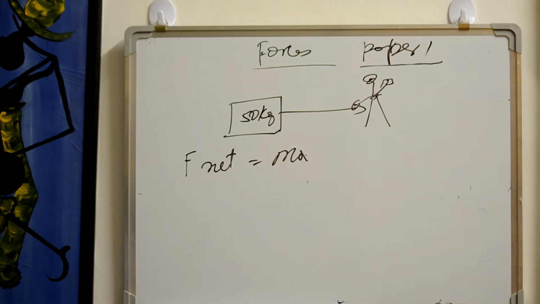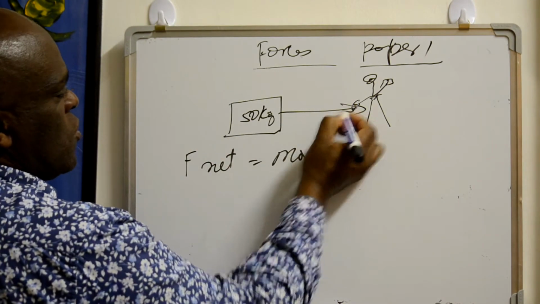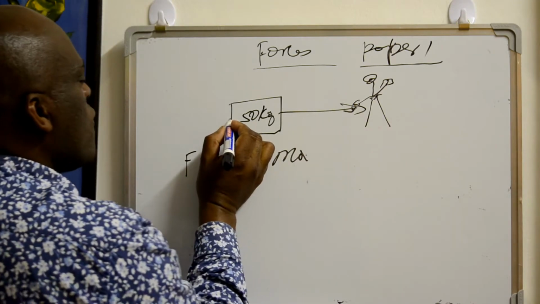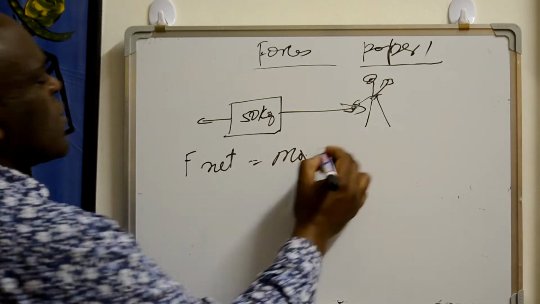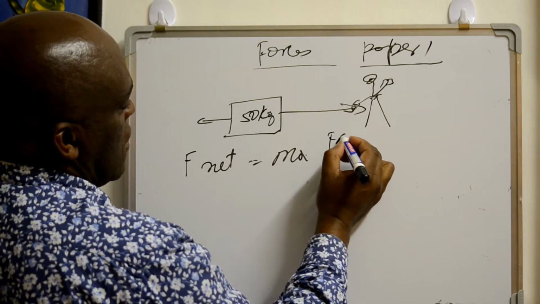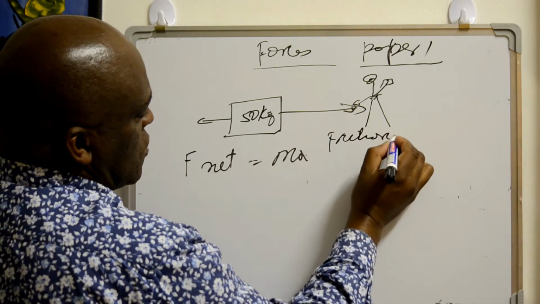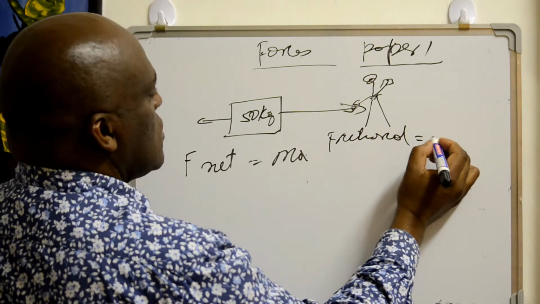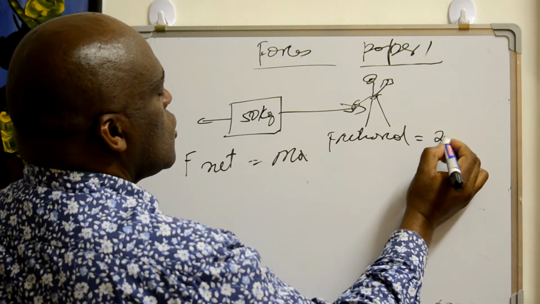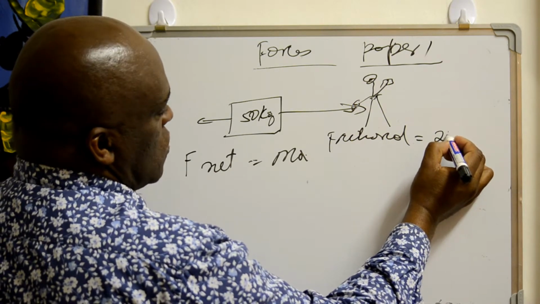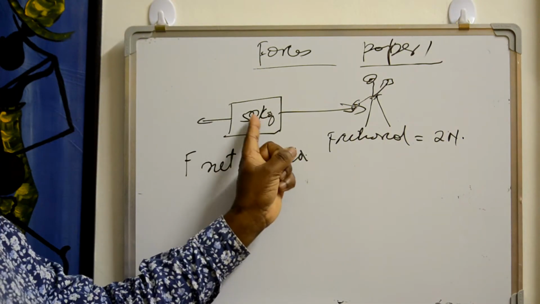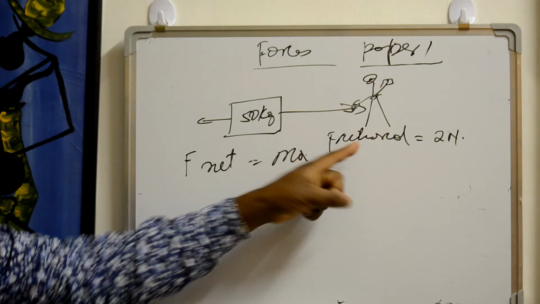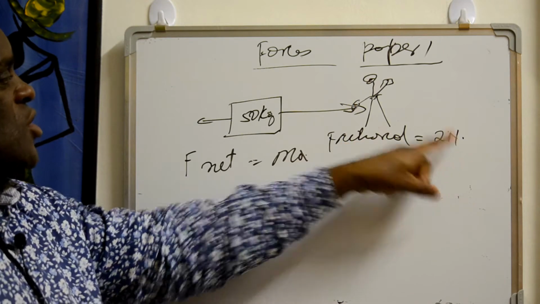Say for argument's sake, if we pull this book in this direction, your friction is in the opposite direction. For example, let's say your frictional force is 2 Newton. You pull this 50 kg, and your frictional force is 2 Newton.